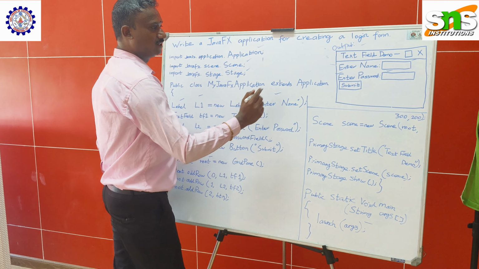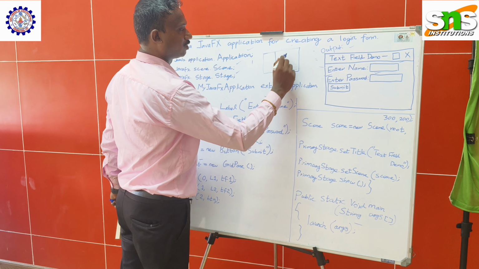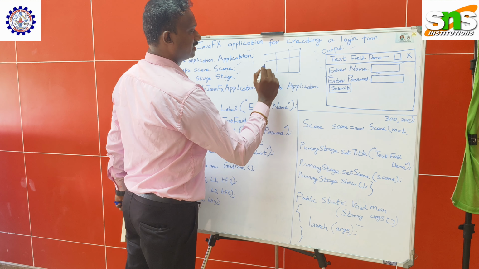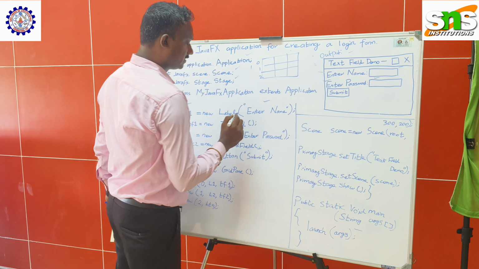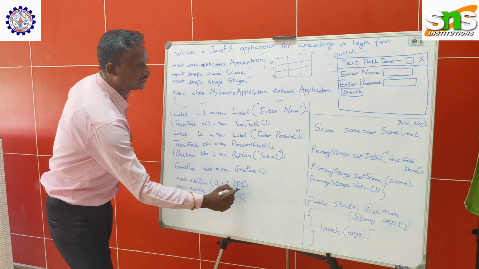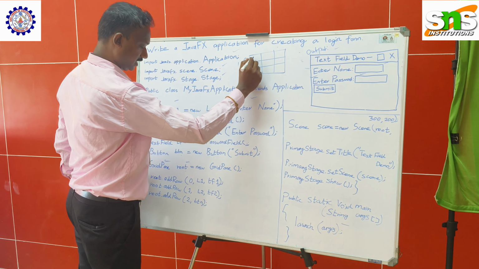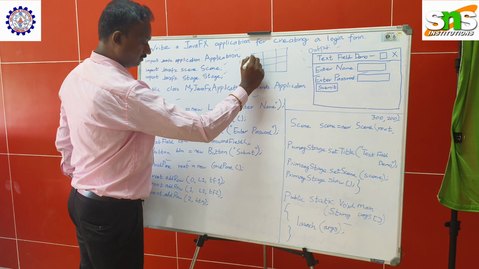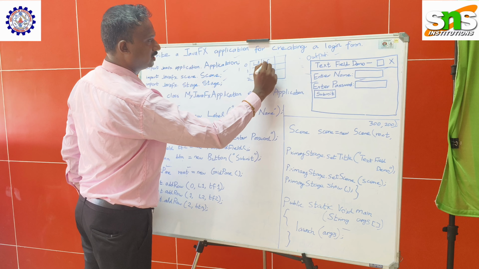For example, GridPane appears in a matrix format. See like this, for example, 0, 1, 2. In the 0th position, what should be displayed? For example, label 1 and text field 1.